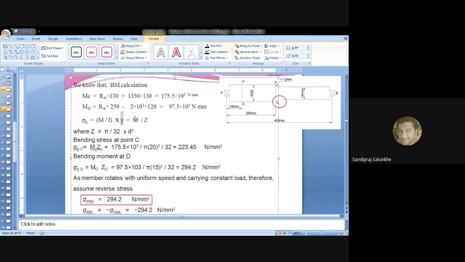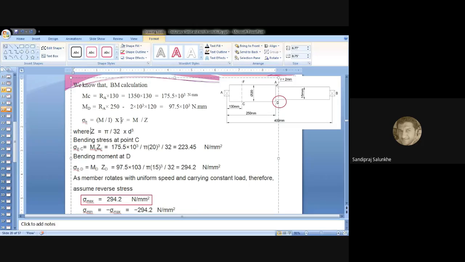Now it can be written as M by Z, where Z is the what? Section modulus. Is it right? Okay. Where Z is nothing but pi by 32 d raised to 3.